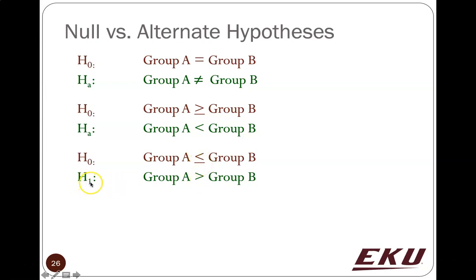Sometimes the alternate hypothesis, instead of being written as HA, it may be written as H sub 1. Again, the alternate hypothesis has a difference. There's a difference. There's no equal sign there. Null has the equal sign. In this last one, the null hypothesis says that the correlation coefficient equals 0.